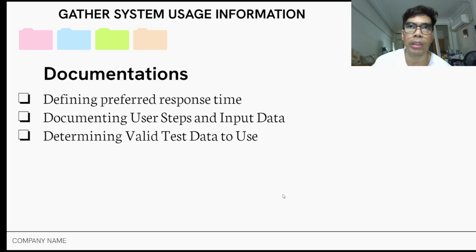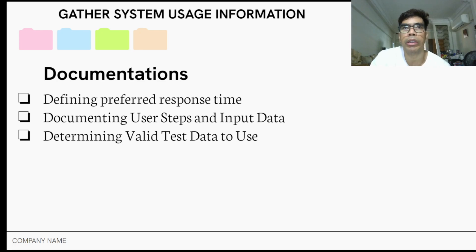Documentation. All of these things should be documented, so it will be easier for us to do the load testing. Documentation is defining the expected response time, documenting the user steps and input data, and determining the valid test data to use.